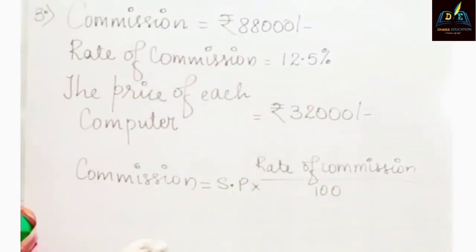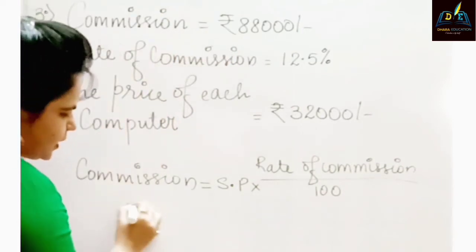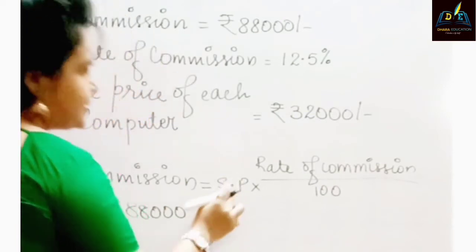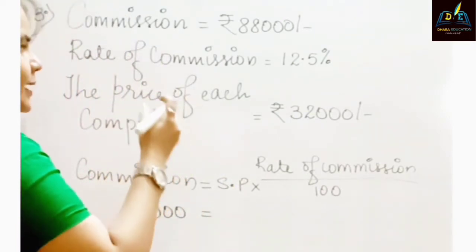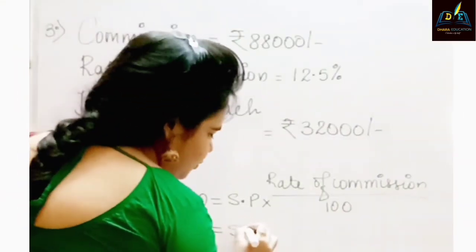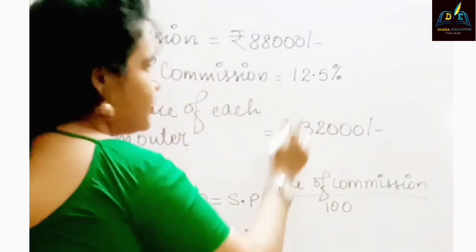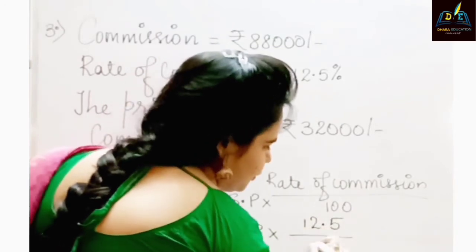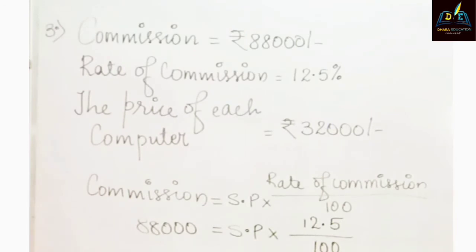Here the commission is already given, 88,000. The selling price we don't know. The rate of commission is already given, 12.5 upon 100. So how are we going to calculate?